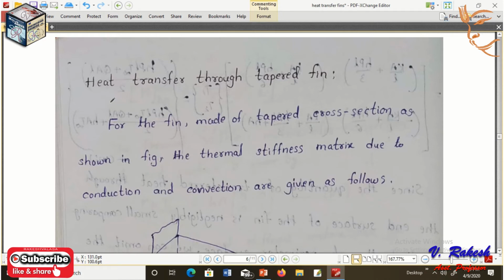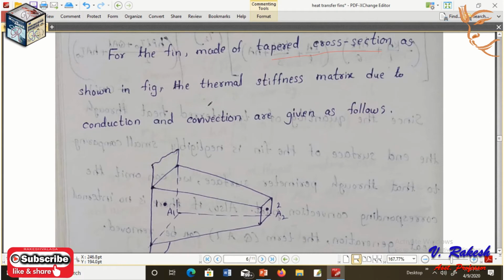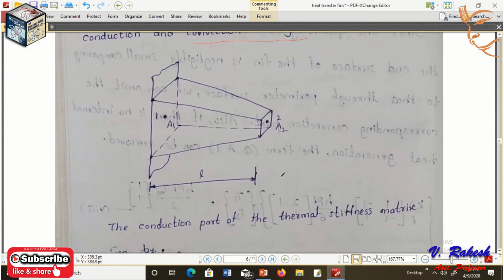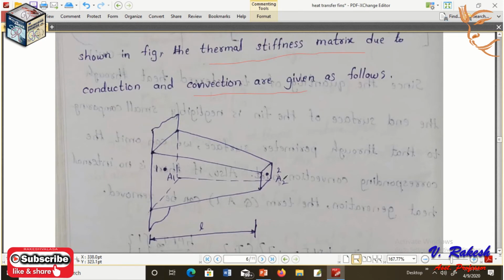Next one is heat transfer through tapered fin. For the fin made of tapered cross section as shown in figure, the thermal stiffness matrix due to conduction and convection are given. L is the length of the tapered fin.